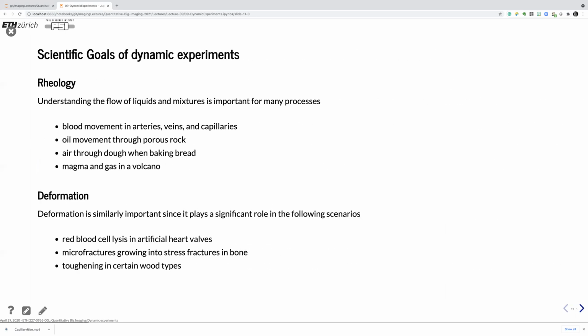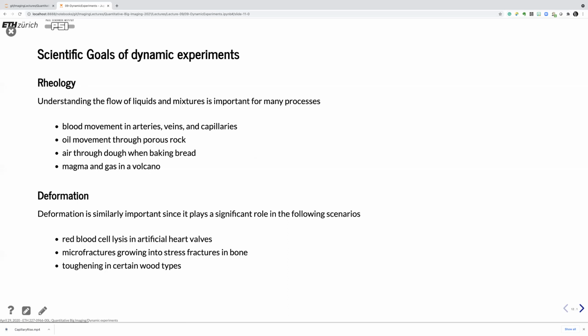So what are the goals of a dynamic experiment? One is rheology, to understand how different fluids move around or mix in a specimen or in a process reactor or something. Another one is looking at deformations, so looking at how things change shape over time.